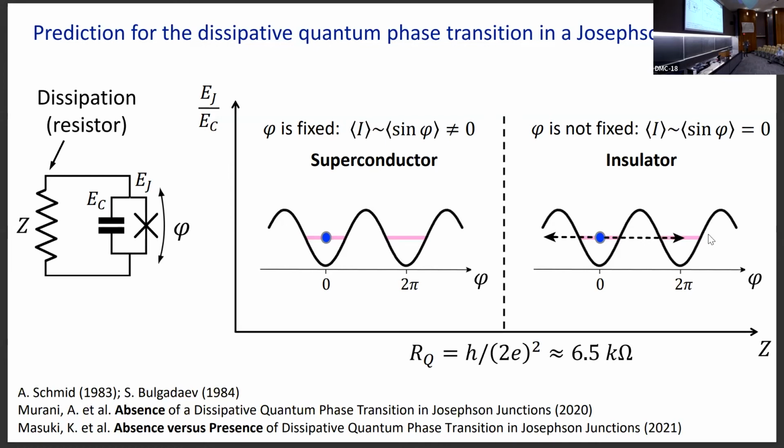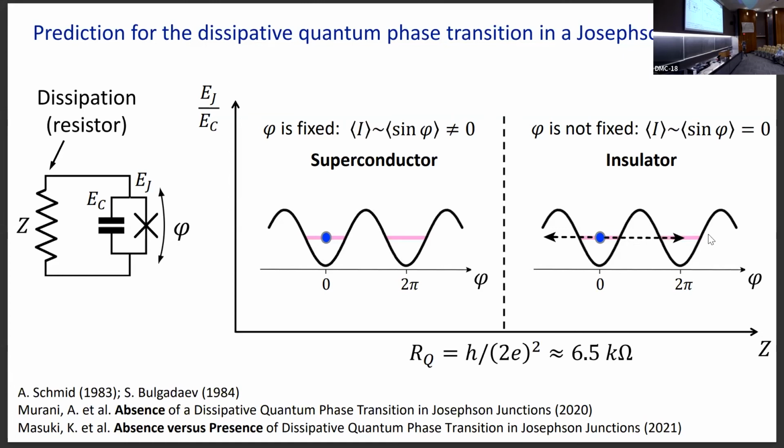But when the dissipation is small, meaning that Z is greater than the resistance quantum, the phase flips are no longer suppressed, and the junction is in an insulating state. And this phase boundary happens at the resistance quantum, which is given just by fundamental constants, and it doesn't depend on the junction, on this ratio of EJ over EC.